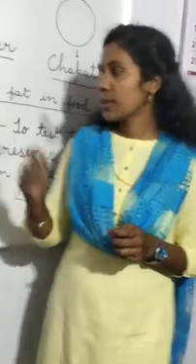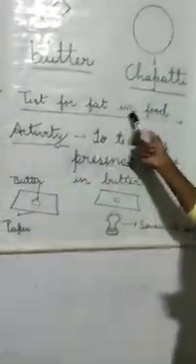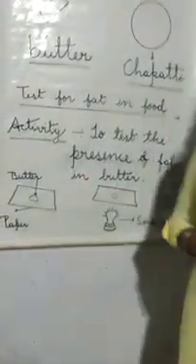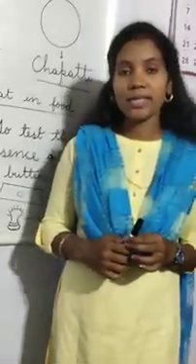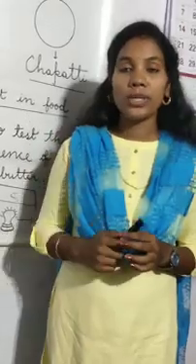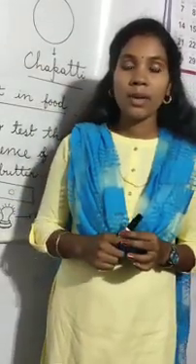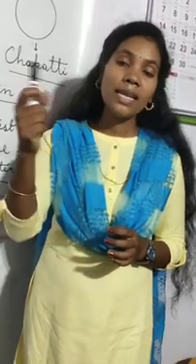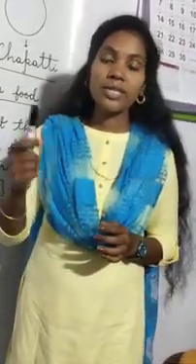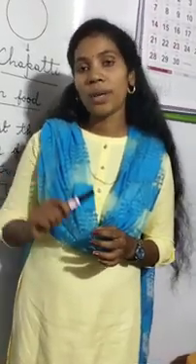Next, coming to the test for fat in food. The test for fat in food is based on the fact that fat produces a greasy patch when rubbed in the center of a clean sheet of paper. The test can be performed by the following steps.